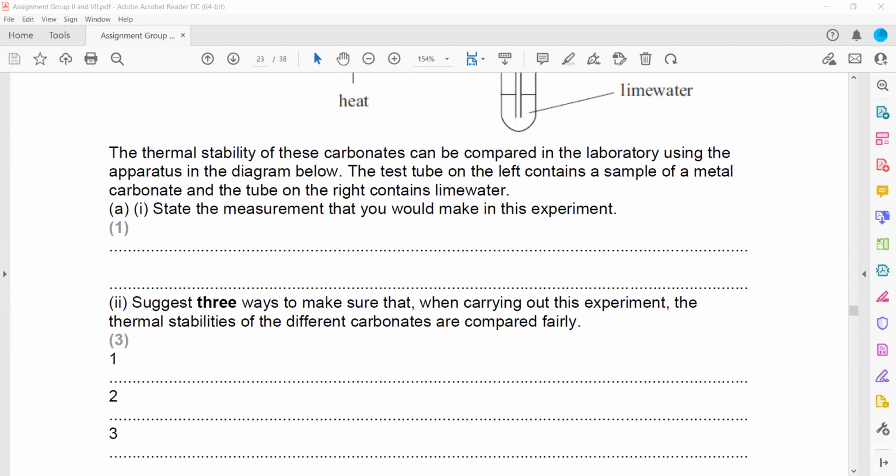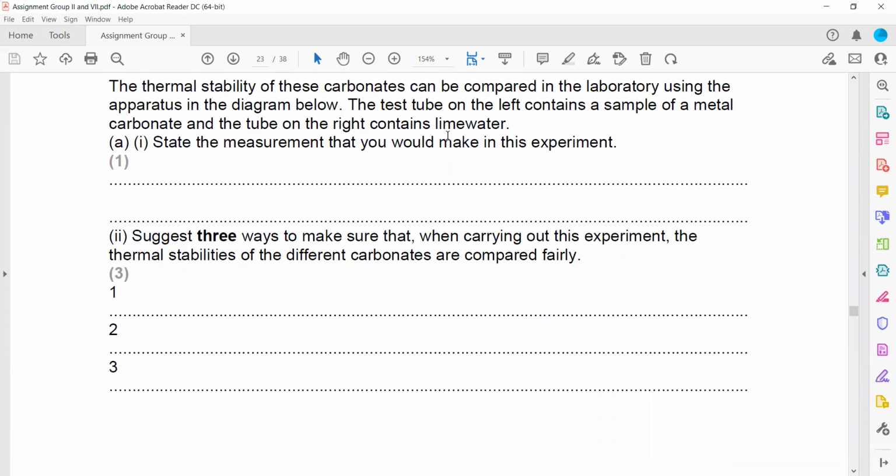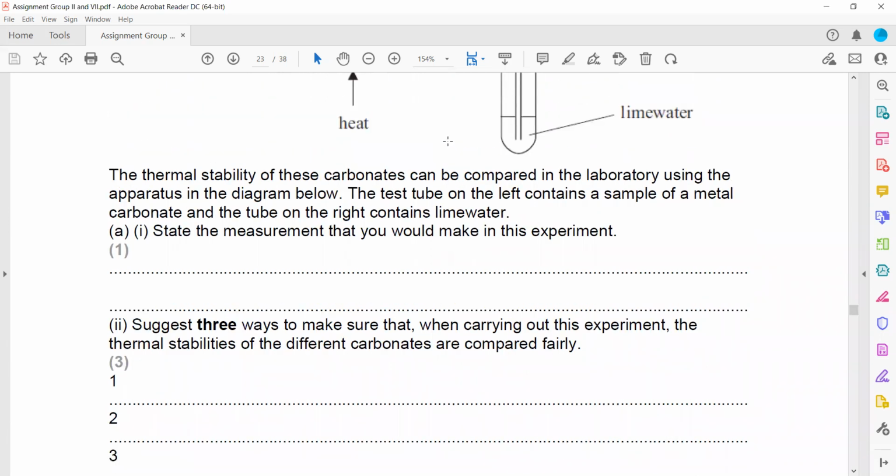We should have the same heat source. We should take the same amount, or same moles, of these carbonates. The same amount of lime water should be there, because if the amount of lime water is different, it will lead to a different result. Same size of the solid, because if one is powdered and another is in large lumps, then it will not be fair.